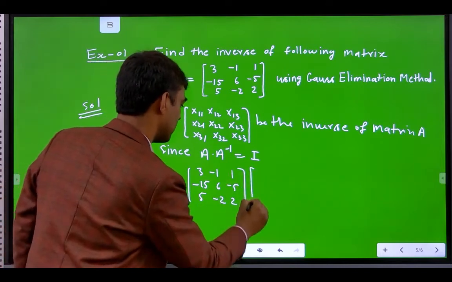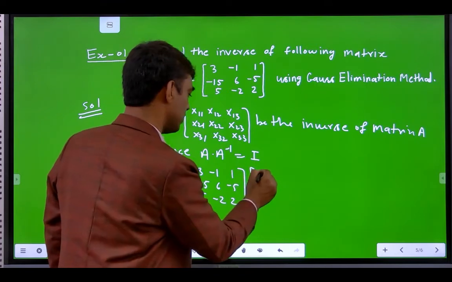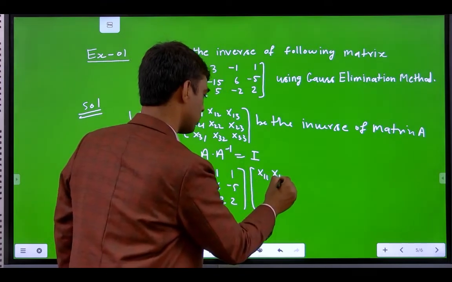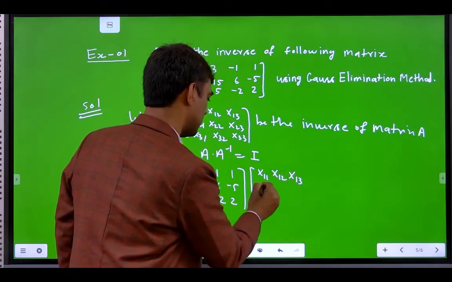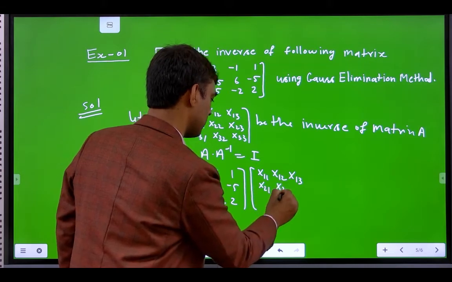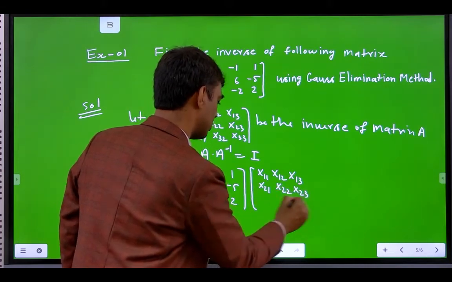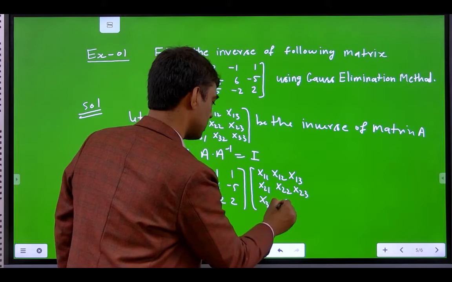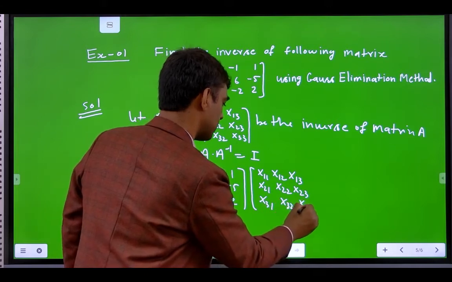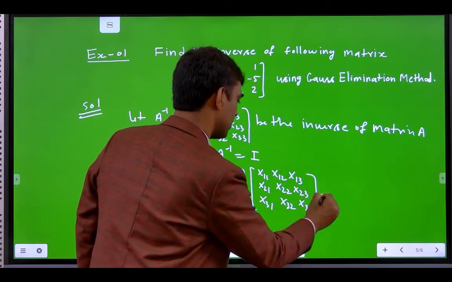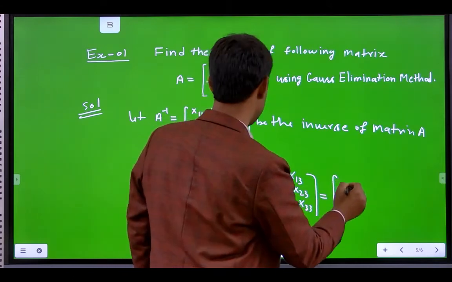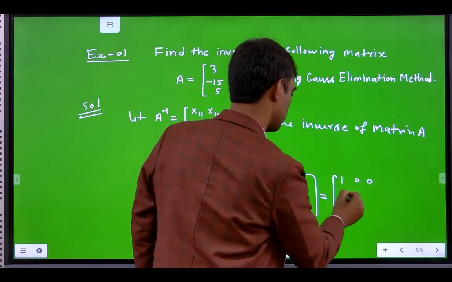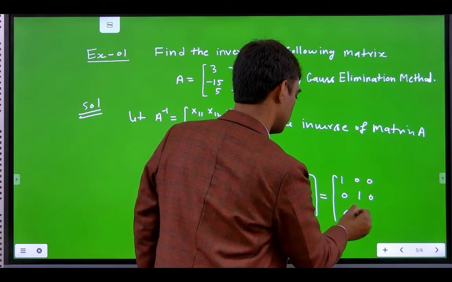Here we write the A inverse. We assume that A inverse is [x11, x12, x13; x21, x22, x23; x31, x32, x33]. This equals the identity matrix, [1, 0, 0; 0, 1, 0; 0, 0, 1].